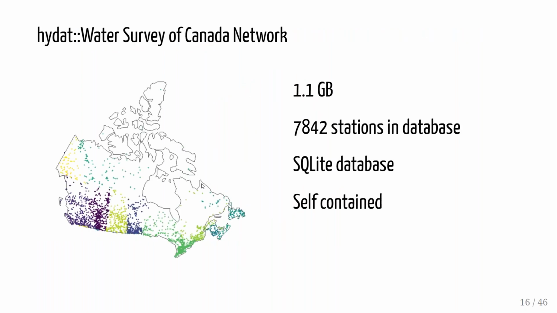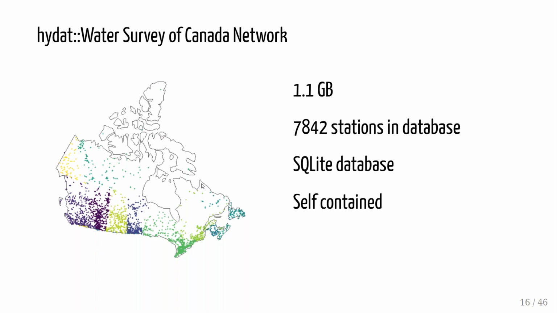Like I said, this pulls from the Water Survey of Canada network. This is a little map of Canada, showing all the stations in the database, both active and discontinued. That's almost 8,000 stations in the database. The database itself is 1.1 gigabytes, and it's a SQLite database, which is really great that Environment Canada publishes the data in that format.